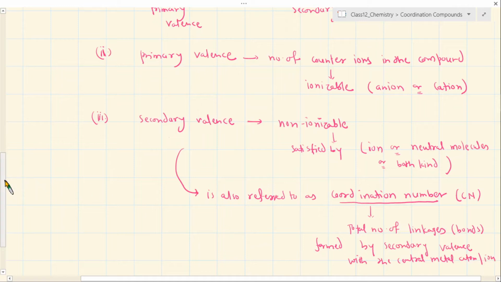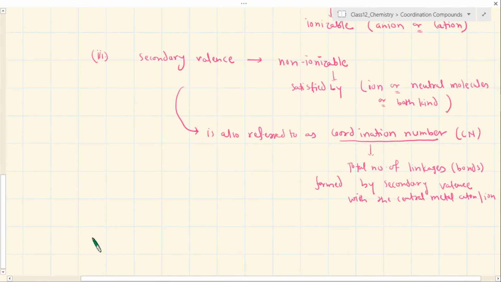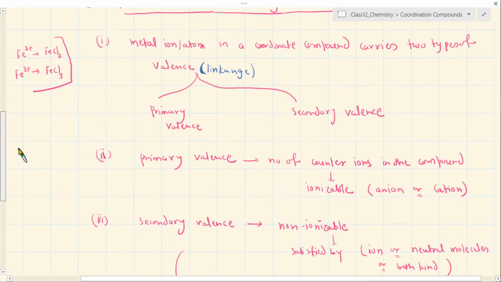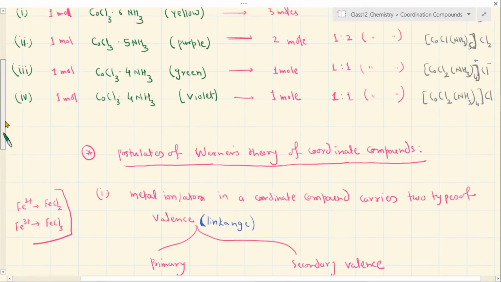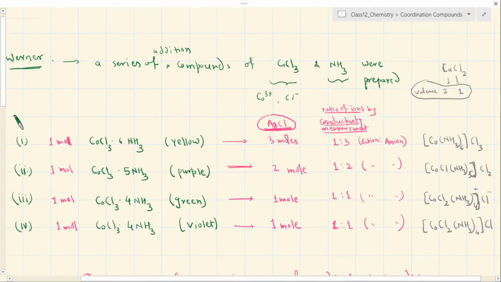Okay, fine. Then there is a further addition to this. In Werner's times, just imagine, in this very early time when hardly people knew much about the structures of compounds, even normal compounds, for example, methane's structure is tetrahedral, those kinds of structures were hardly well understood. But even in that time, Werner was so sharp as to talk about the structure of the complex compound.